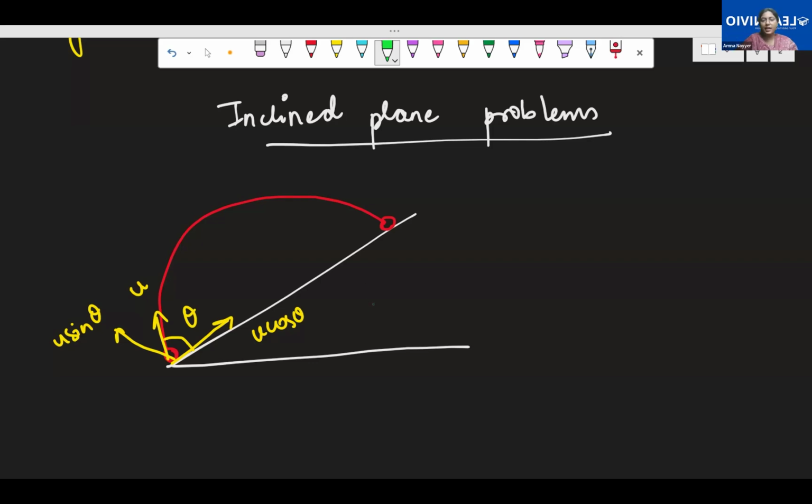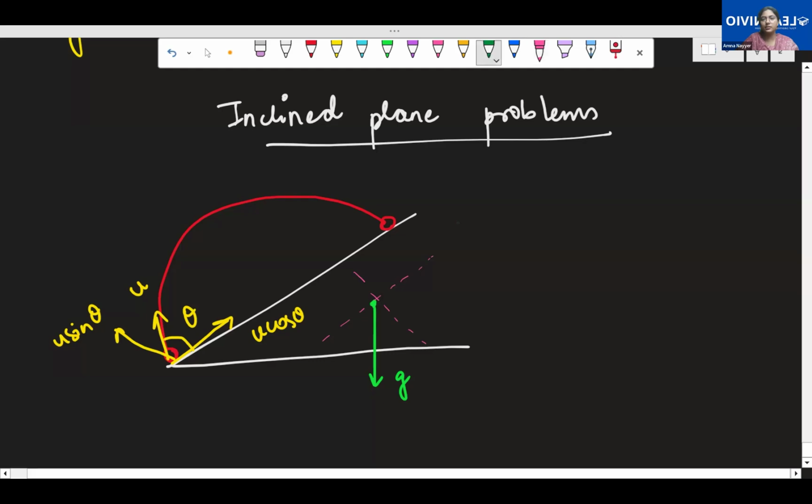So if I have acceleration due to gravity, a little downward like this, okay, this is g. Now I'll have to resolve it like this.